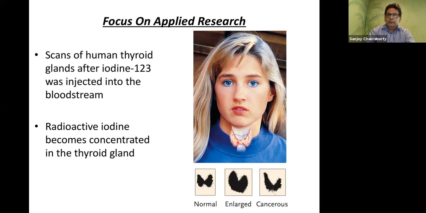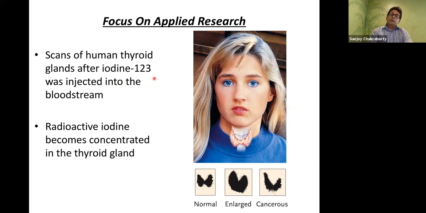So the thyroid gland takes up iodine from blood. Now iodine has a different number of isotopes. So this number defines what isotope you're talking about. These are like iodine 123, for example. Some isotopes are a little bit dangerous, some are not.